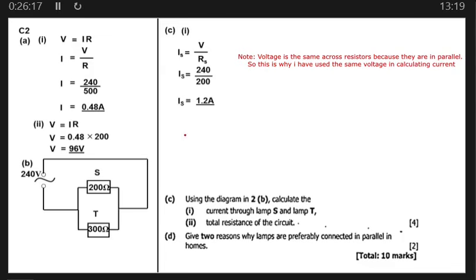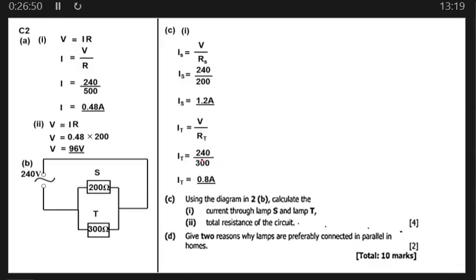And then we are going to calculate the current going through resistor T. So we say the current going through resistor T is equal to V over resistor T itself, which will be equal to the voltage, 240, divided by resistor 300, which will give us 0.80 A. All right, so here it is quite simple because we only have two resistors.